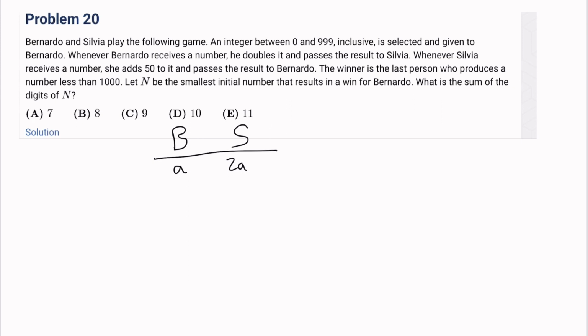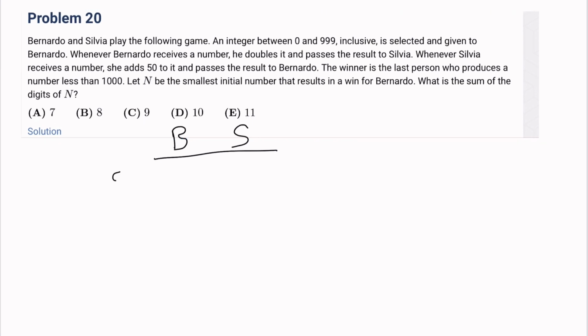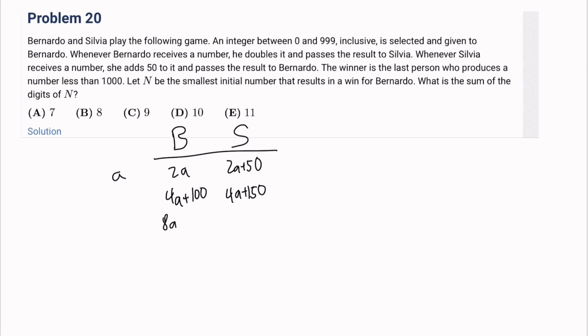Then she adds 50, so Bernardo gets 2A plus 50, and he doubles it, so that's 4A plus 100, and Sylvia will do 4A plus 150. Bernardo will do 8A plus 300. Sylvia will do 8A plus 350.